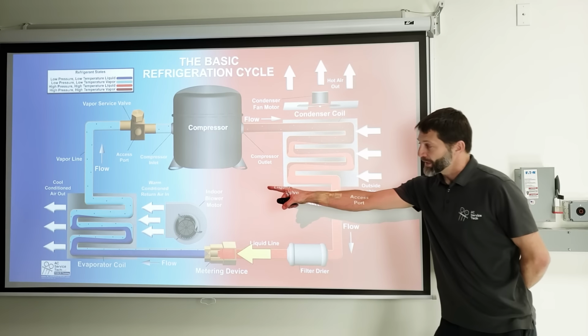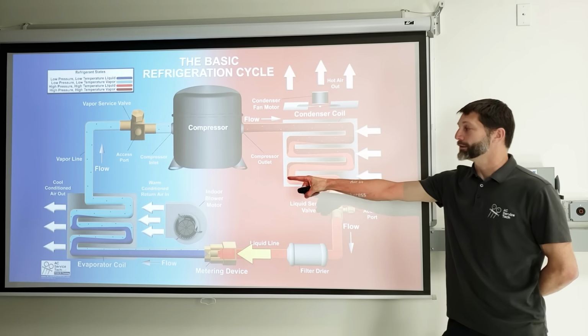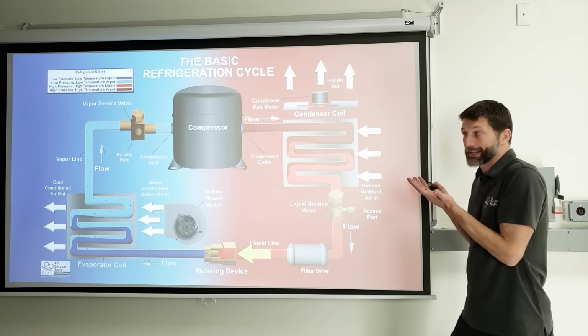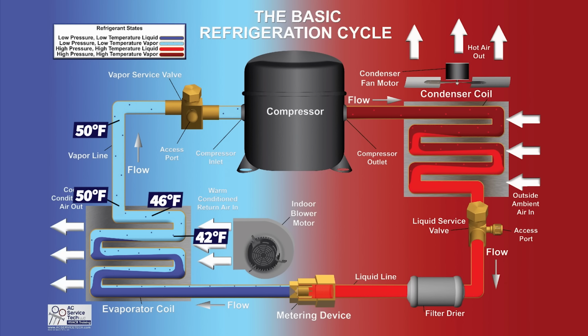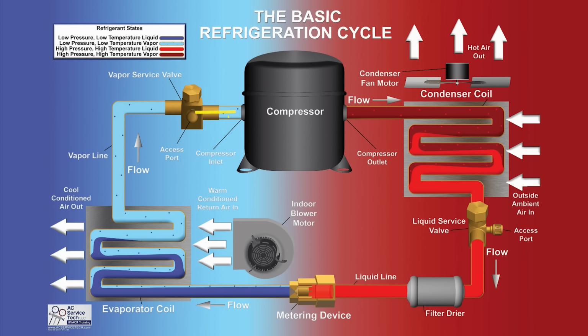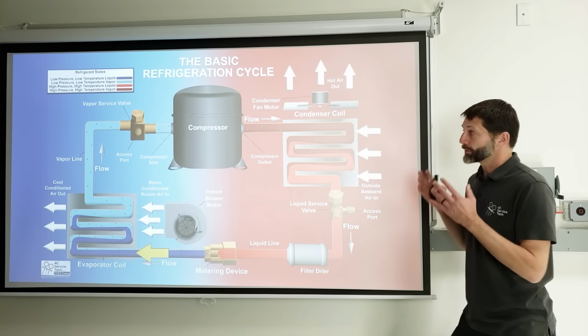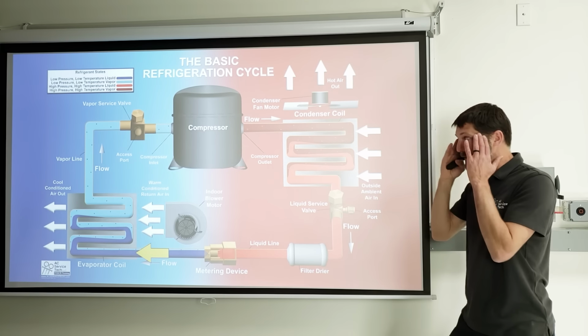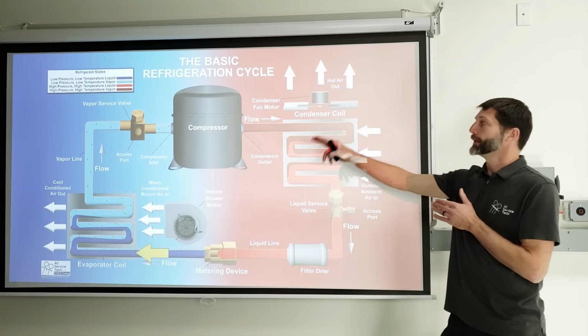Once it becomes vapor, it can then increase in temperature as the hot air is blowing across the coil. The refrigerant's going to absorb heat energy, and you have low pressure, low temperature vapor refrigerant exiting the indoor evaporator coil. And then you have the low pressure, low temperature vapor refrigerant re-entering into the compressor, and then the cycle starts all over again.